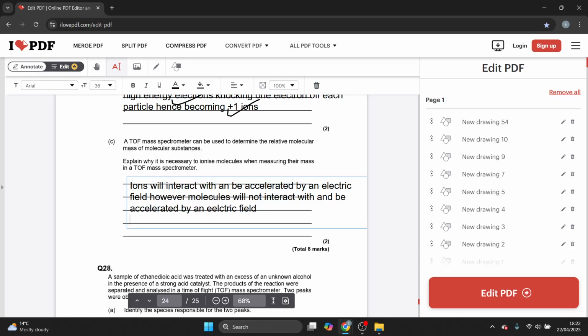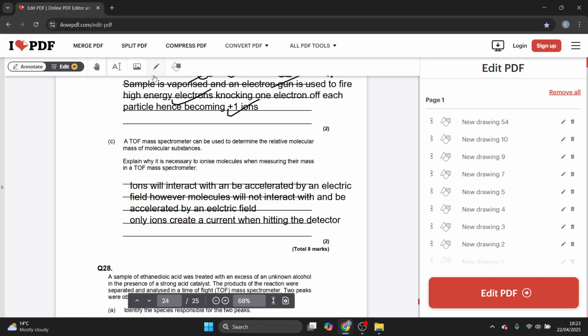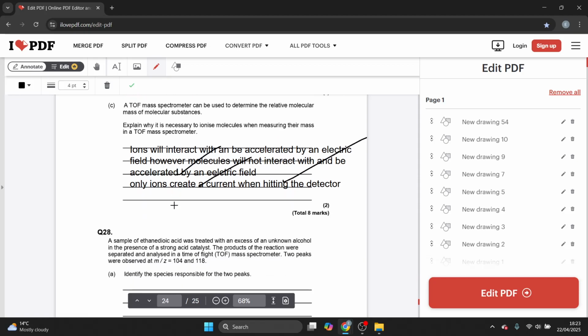And the idea is, only ions create a current when hitting the detector.